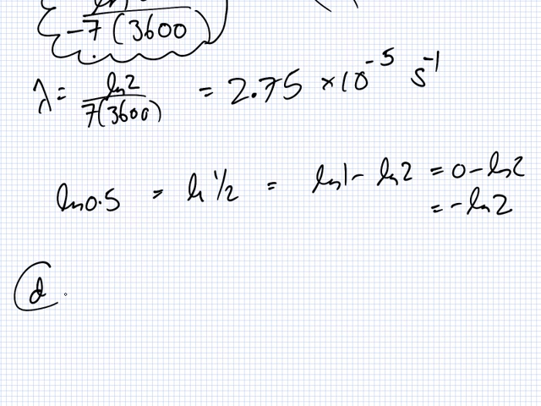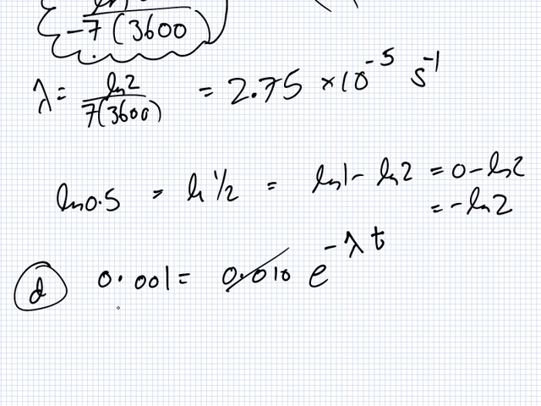Right, D now. How long until only 10% of the radioactive sample size is remaining? So if there was 10 grams at the beginning, how many grams do you want now? 1 gram. So that would be 1 equals 10 e to the minus lambda t. And we're looking for the t here, isn't it?